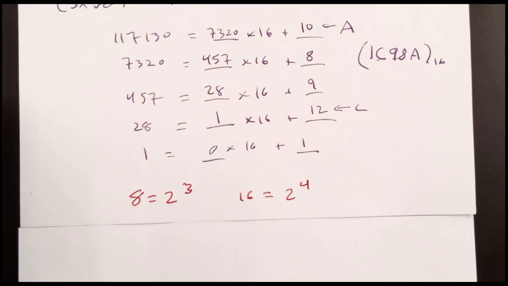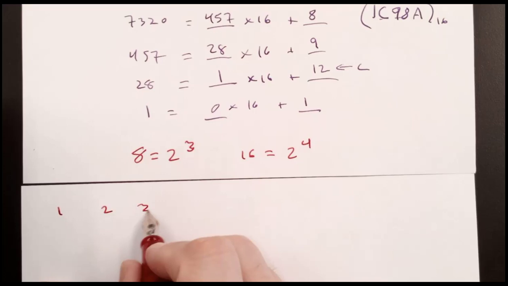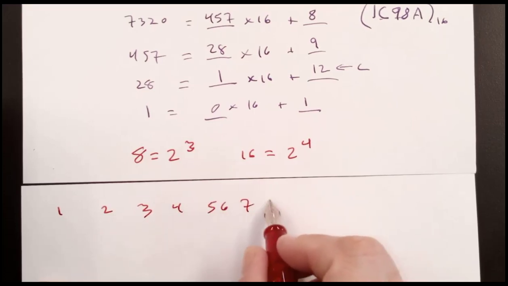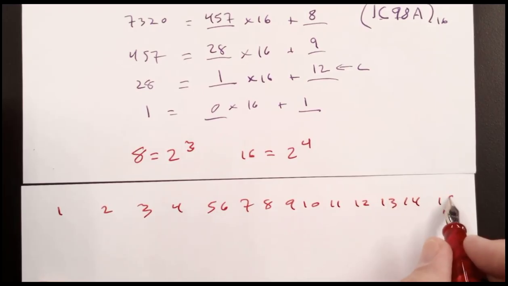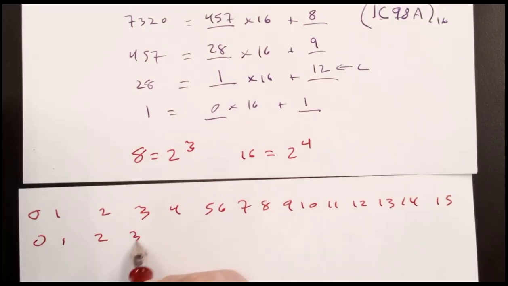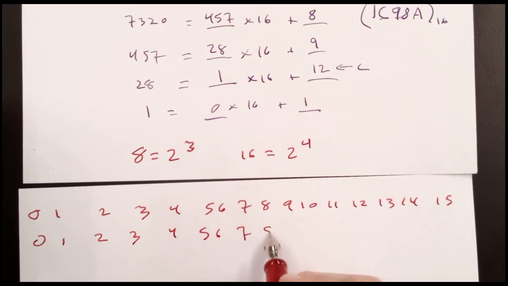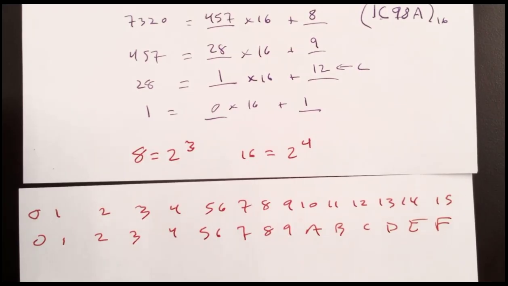And that means that if I think about the numbers from 1 to 16 in decimal, actually, let me make it 0 to 15, because that's in hex. That's 0, 1, 2, 3, 4, 5, 6, 7, 8, 9, A, B, C, D, E, F. There it is in hex, right?